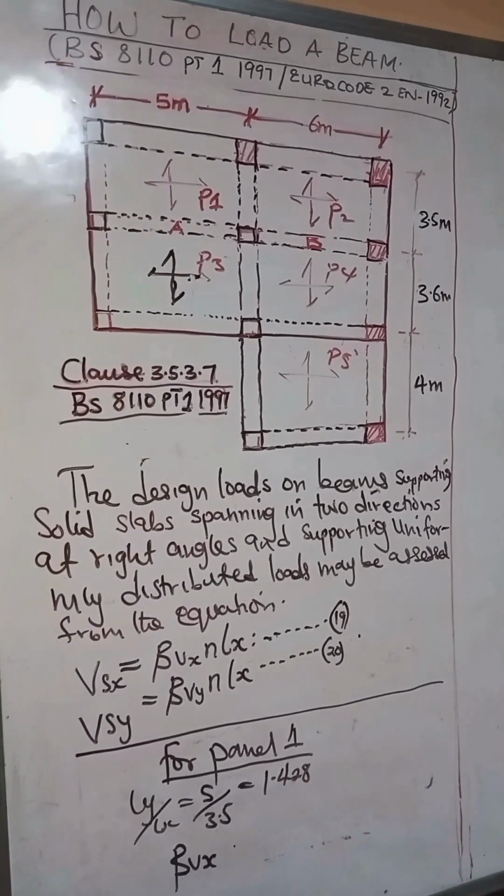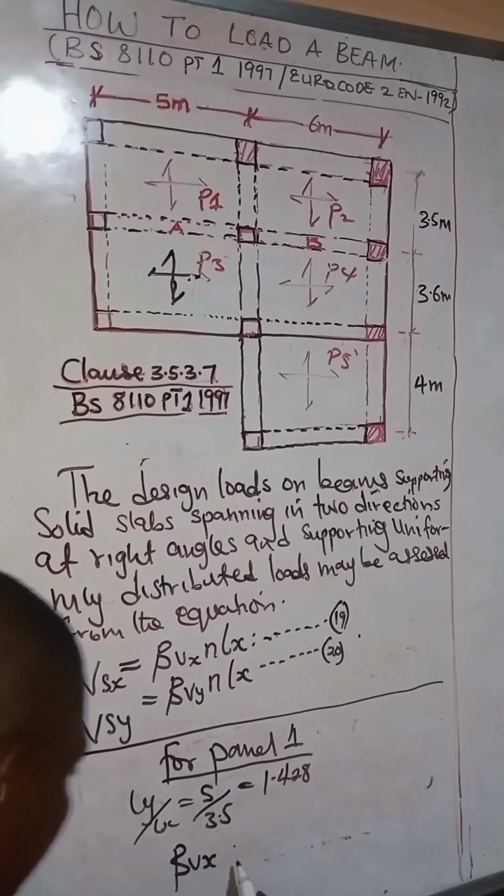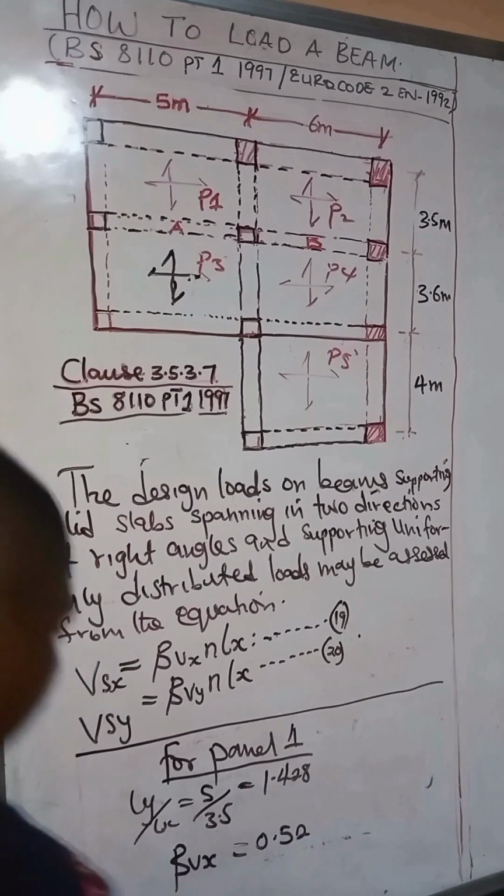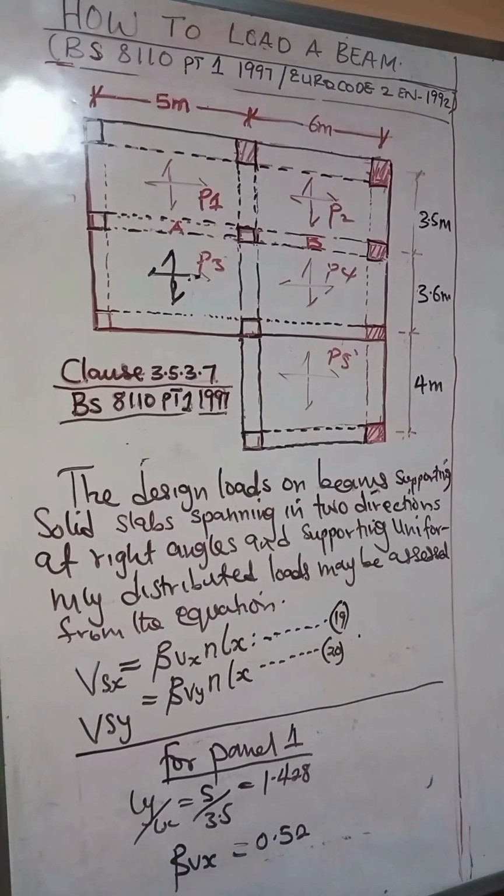So I will call my BVX for the continuous edge, which I have it to be 0.52. So my BVX here will be 0.52. Okay. Now the next thing I'm going to look for is my BVY.